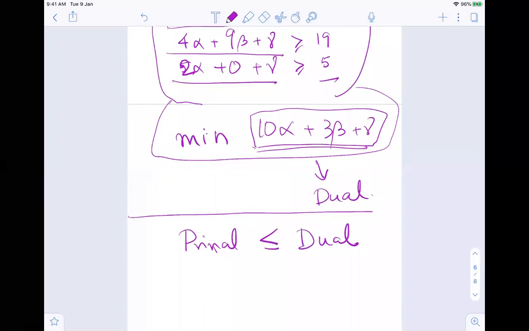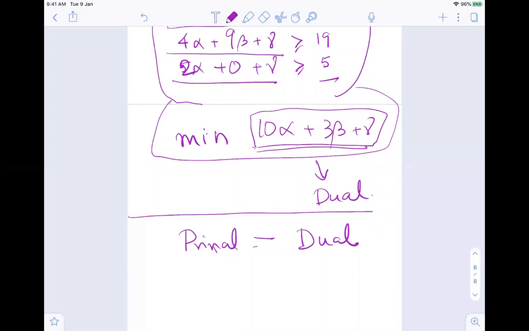In fact, there is an even bigger theorem which says that these are equal. We can take the dual of the dual, and the dual of the dual will give you the primal.